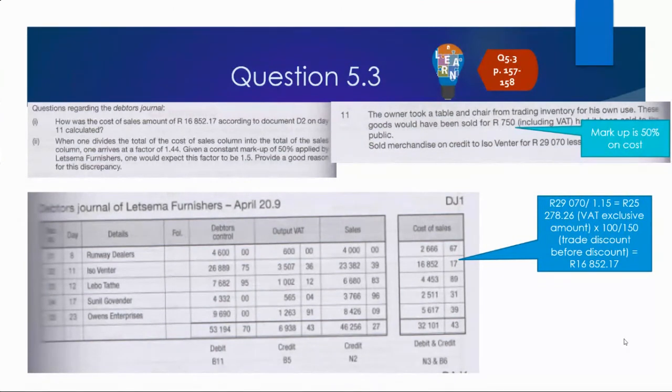So why are we getting a factor of 1.44 as opposed to 1.5? What could be the reason for some of the discrepancies? What do you guys think?